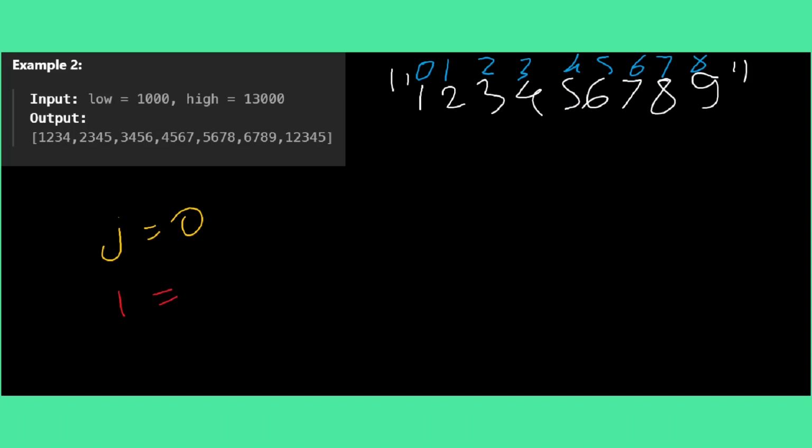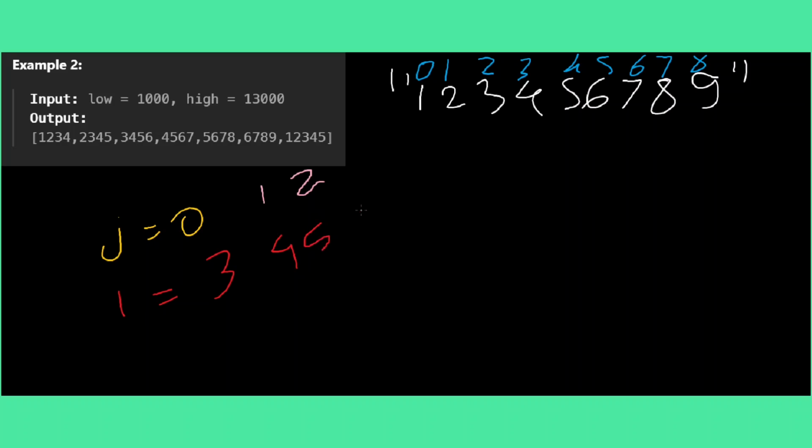I'm using j and i instead of i and j. The next value would be j becomes 1, i becomes 4. Then j becomes 2, i becomes 5. Similarly, we'll go on.